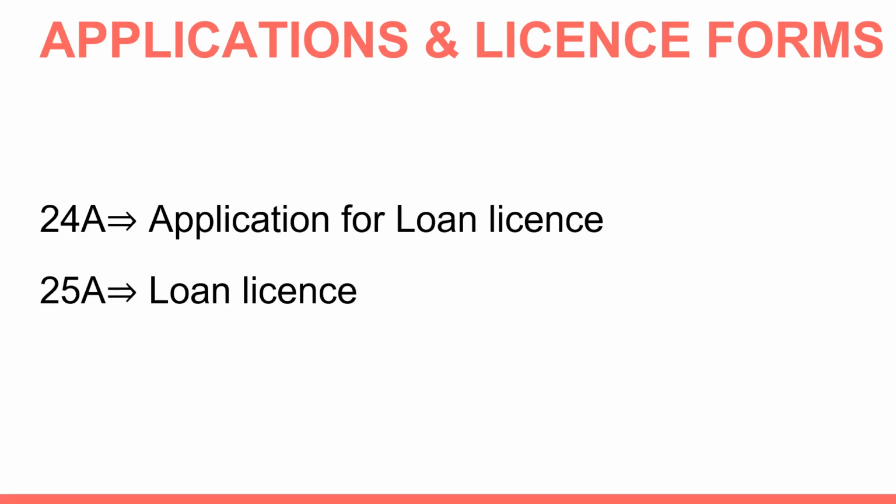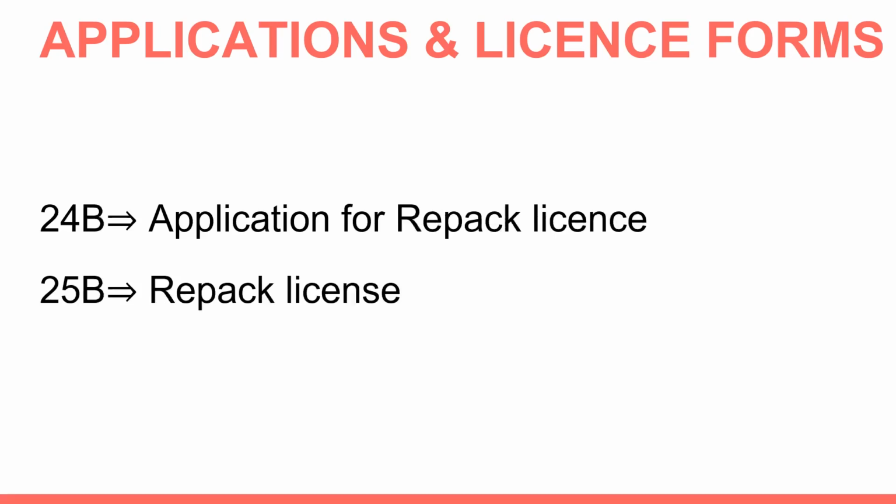As I said earlier, the letter A is related to loan license. You remember the word ALL. A is for loan license. If it is 24A, it is an application for loan license. And if it is 25A, it is the license issuing form for loan license.